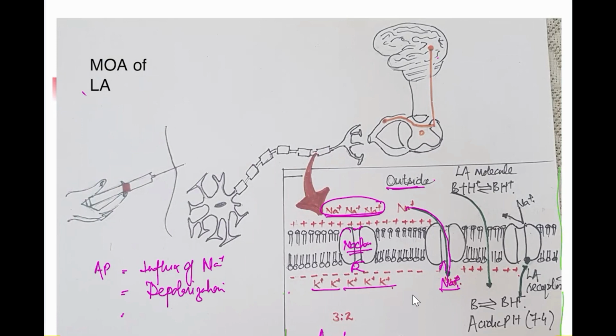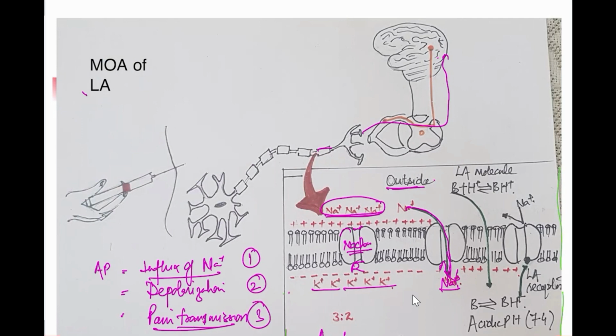The nerve will be stimulated, and the depolarization will carry the pain, so pain transmission will be there through the spinothalamic tract. So this is how pain transmission happens: because of the activation of the sodium channel, influx of sodium, then depolarization of the nerve fiber, and pain gets transmitted.